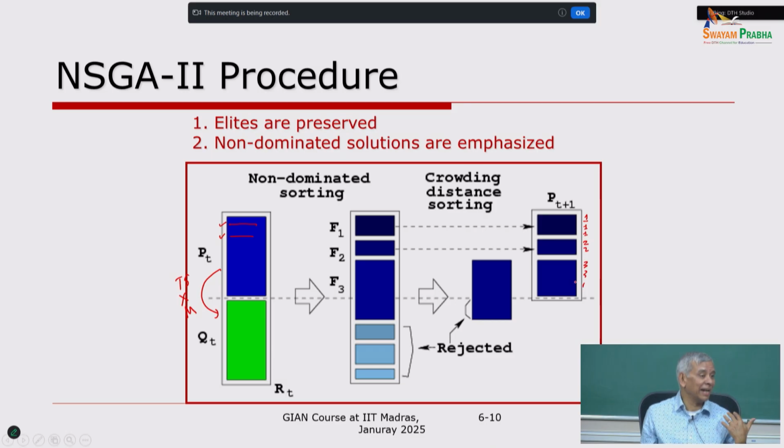I already know that. So if I pick 2 solutions, one from class 1, the other from class 2, which one shall I select? Class 1, because that is the better class, okay?